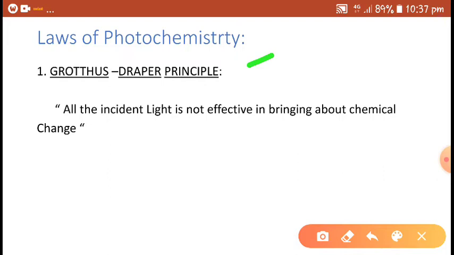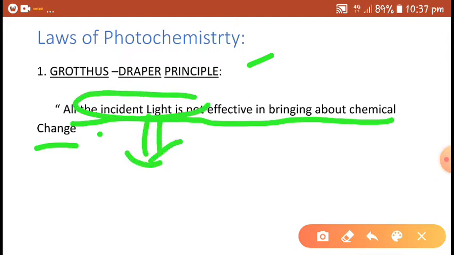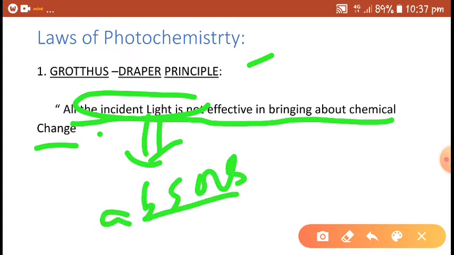Only the absorbed light will bring the chemical change. So not all the incident light, only absorbed light. The implication of this statement is that only absorbed light can bring the chemical change.